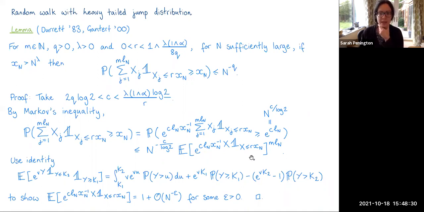The way that we estimate this expectation is using a nice identity, which is in this paper of Gantert. It's a nice identity for estimating a sort of truncated exponential moment.